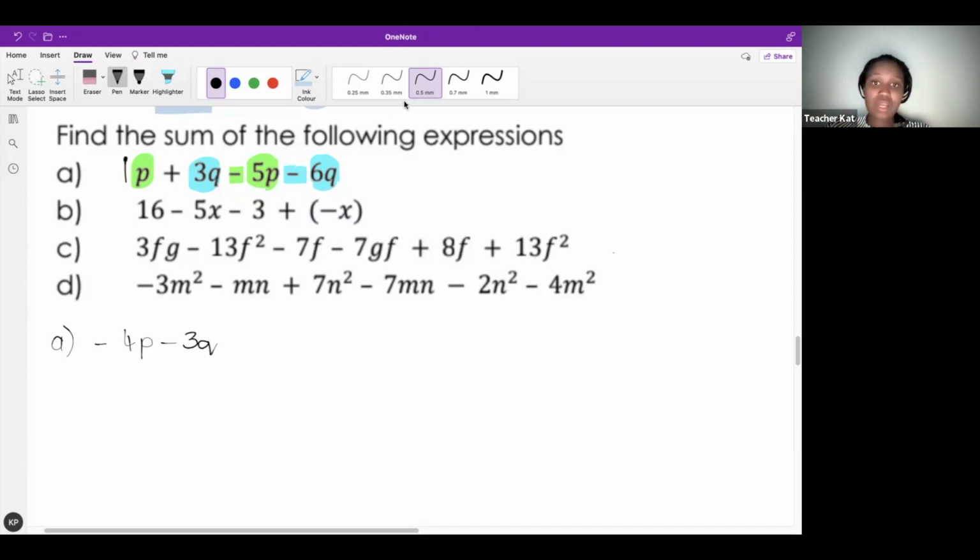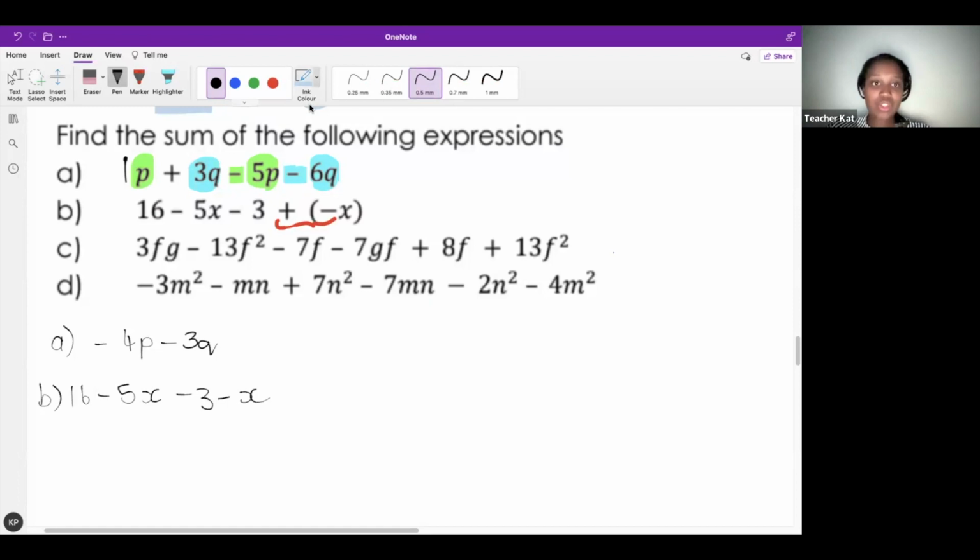Okay, let's look at B. Before we even do anything, we have to do this positive, negative over here. A plus and a minus give us what? A positive and a negative will give us a negative. So I'm going to rewrite it properly with my proper signs. Minus 3 minus x.